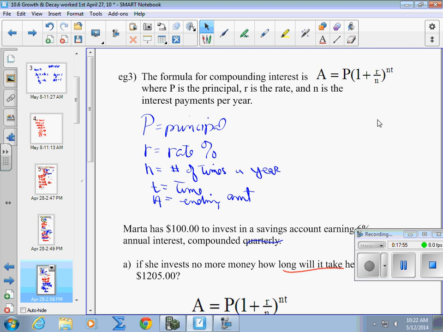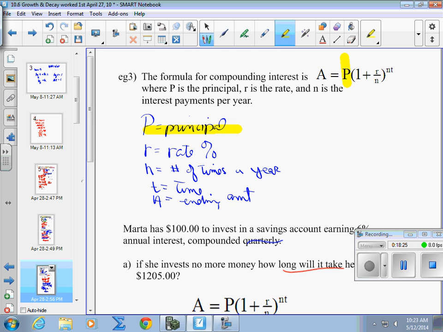Compound interest, like I said, we had one of these last week, but this formula is slightly different. Once again, I will give you the formula in the problem so that you're not trying to figure out which formula to use, nor do you have to memorize all the different formulas. So on this particular formula, I have A is equal to P times 1 plus R over N raised to the NT. P is equal to the principal amount.